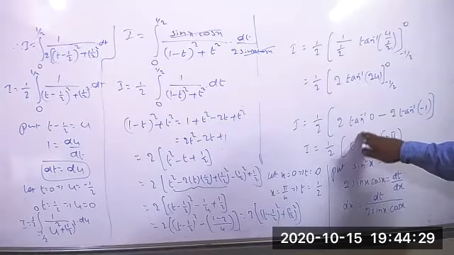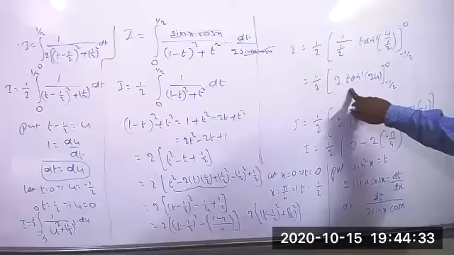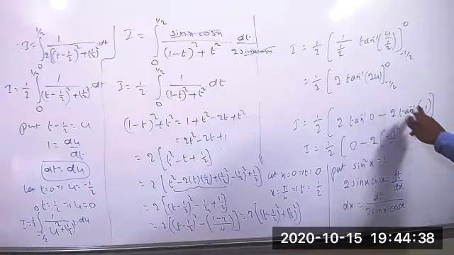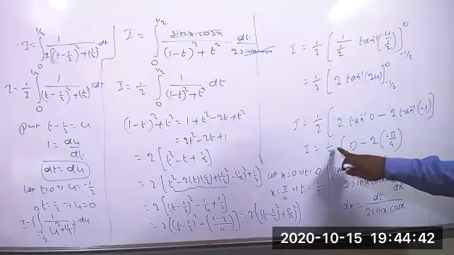2 tan inverse of 0, 0 only, means 2 into 0 equal to 0. It's fine. Minus 2 into tan inverse of 2 into minus 1 by 2, the 2 will be cancelled, minus 1, equal to minus pi by 4. But only 1 by 2 is there here.